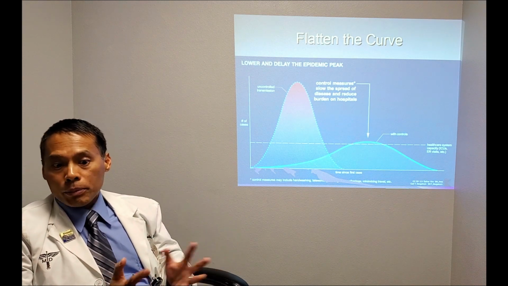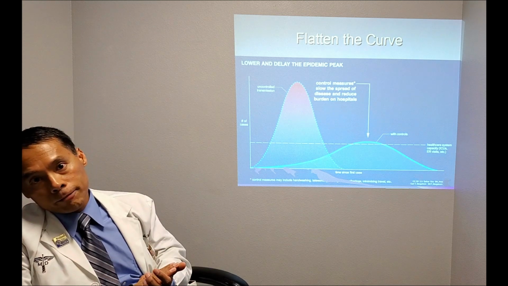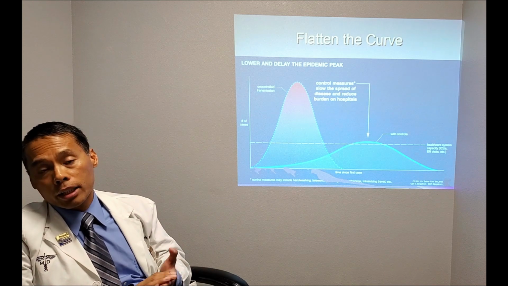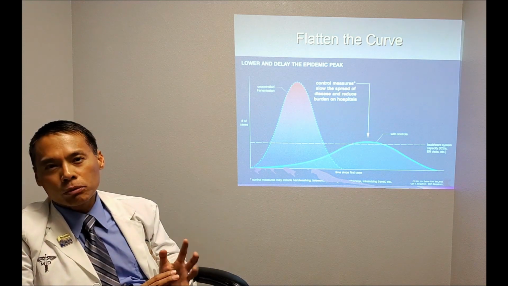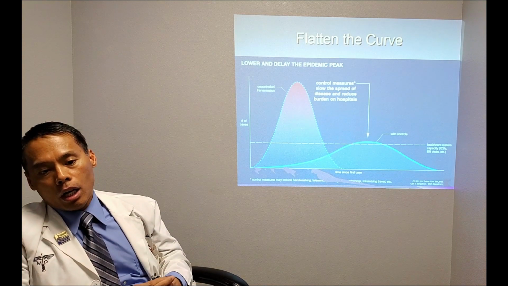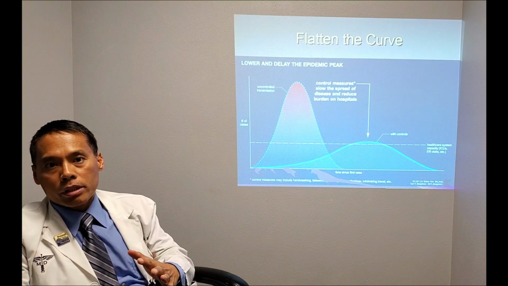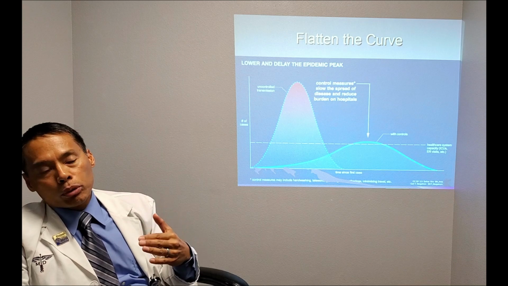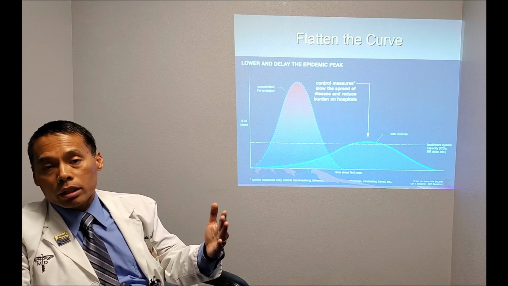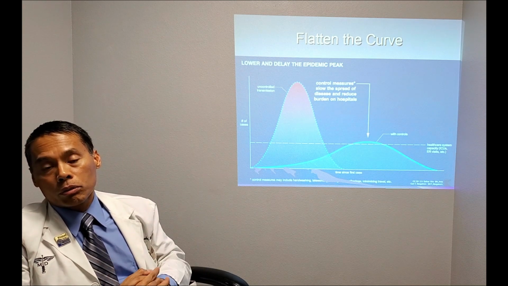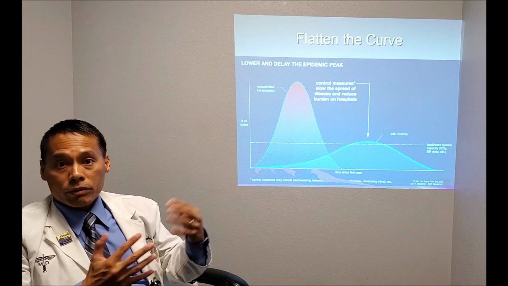A big example: in South Korea and even in China, after probably the first couple of weeks that the epidemic started, they were able to flatten the curve, and they were able to restore, at least in China, the supply of healthcare workers to provide for the needs of those that were ill.